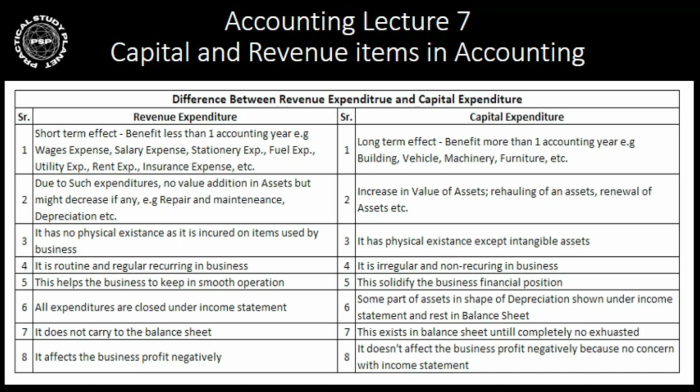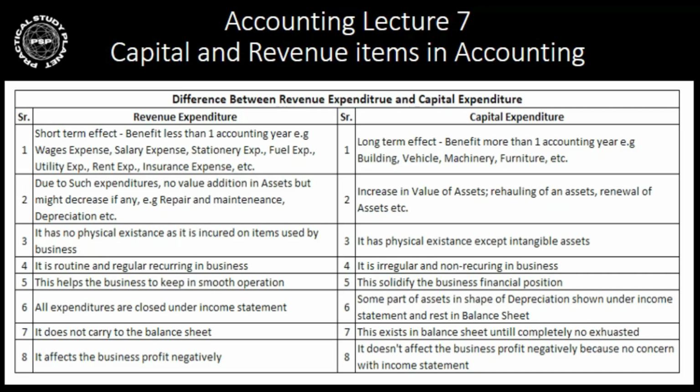Revenue expenditure, the first one: short-term effect, benefit less than one accounting year. For example, wages expenses, salary expenses, stationery expenses, fuel expenses, utility, rent, insurance expense, etc. Whereas the capital expenditure: long-term effect, benefit more than one accounting year.